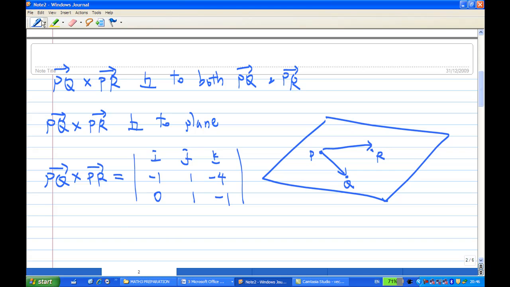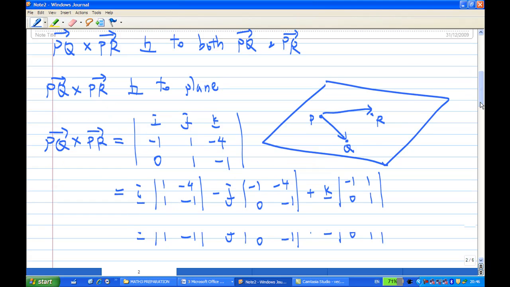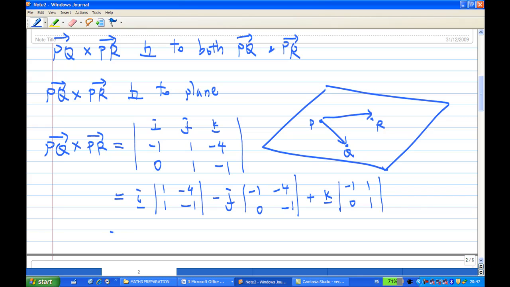Now we expand the 3 by 3 determinant, which will give me i times (1 times -1 minus (-4) times 1) minus j times ((-1)(-1) minus (-4)(0)) plus k times ((-1)(1) minus (1)(0)).